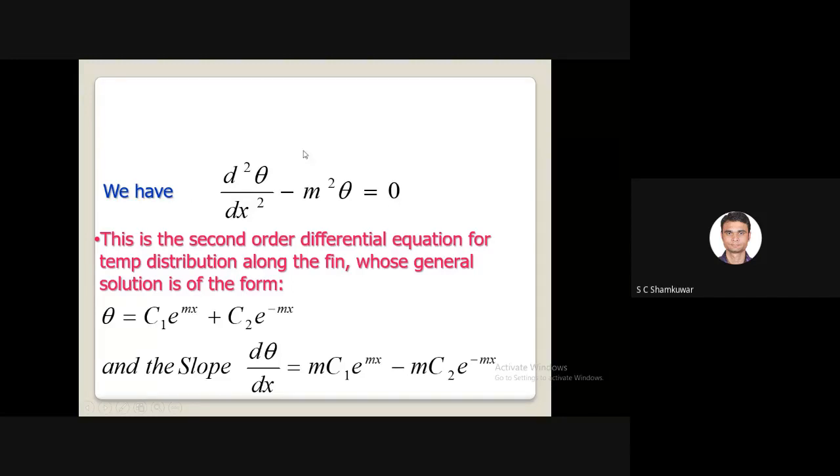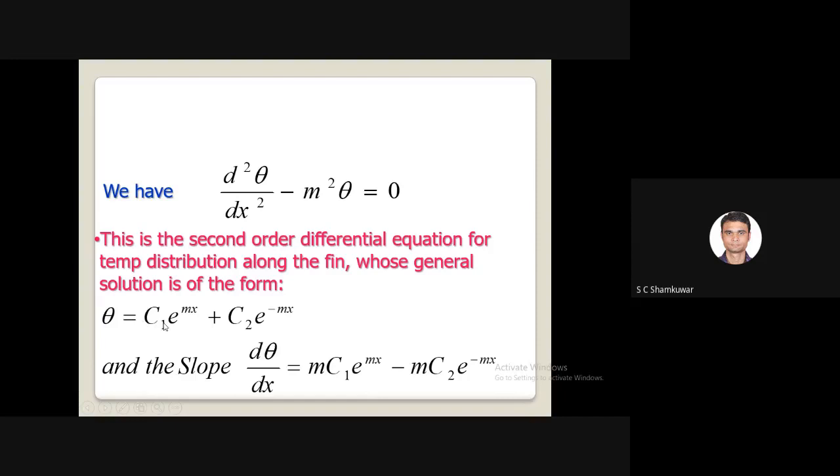But after solving this, what do we get? We get the general solution. So we get theta is equal to C1 e to the power mx plus C2 e to the power minus mx. Theta represents the temperature distribution.